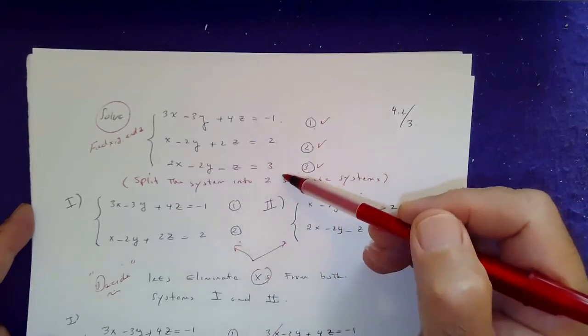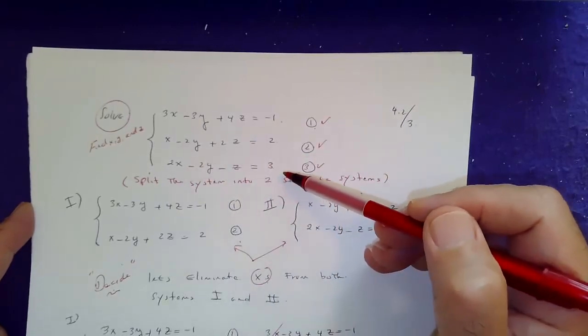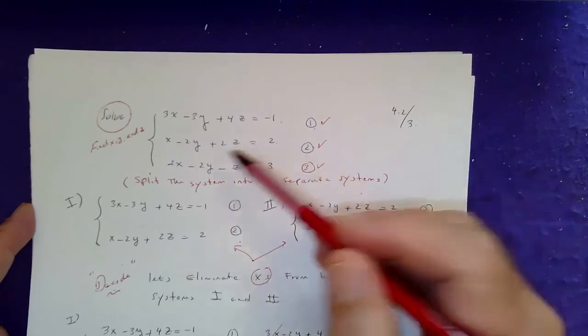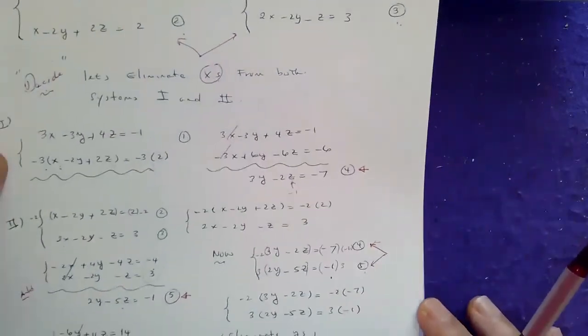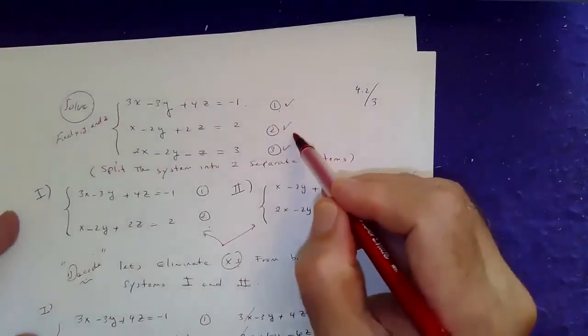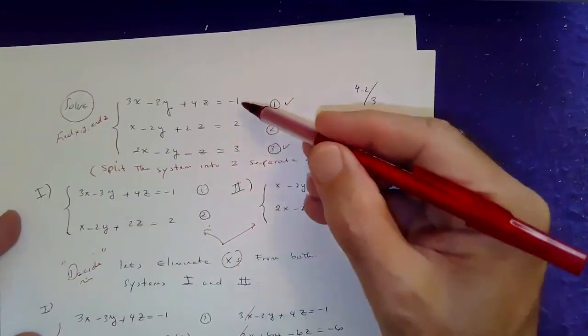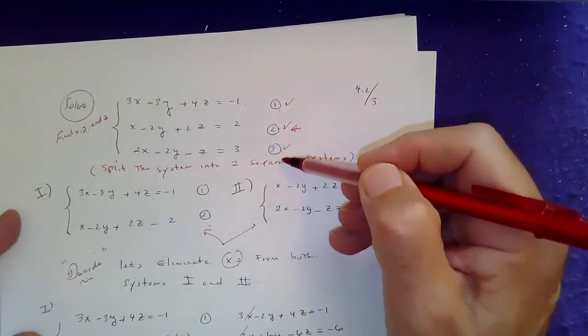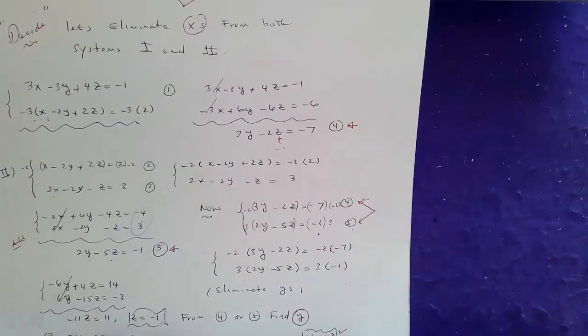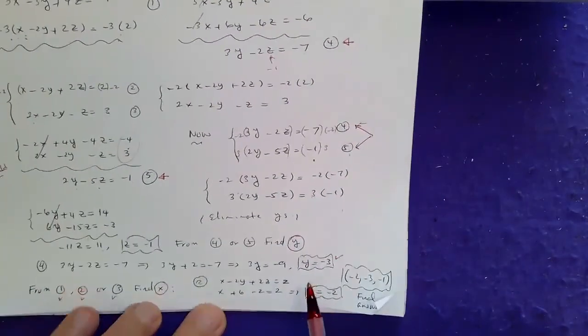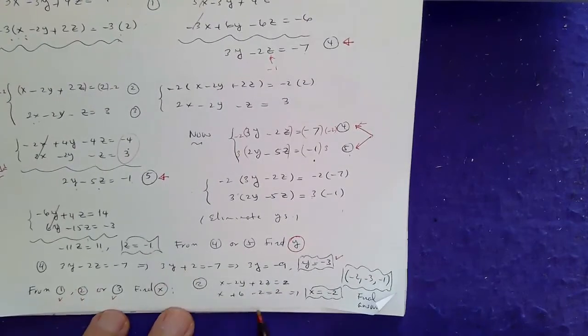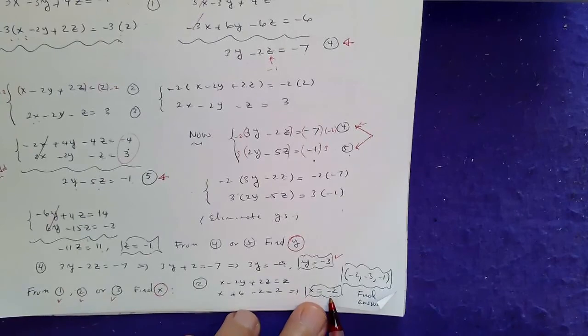Replace the y's with negative 3, z with negative 1, find out what x is. I went to equation number 2. I had a choice of choosing 1, 2, or 3. I chose 2. So in equation number 2, when you replace y with negative 3, z with negative 1, x comes up to negative 2.